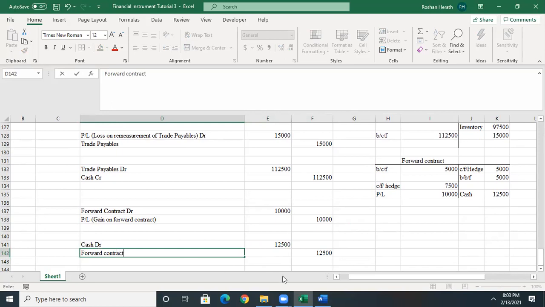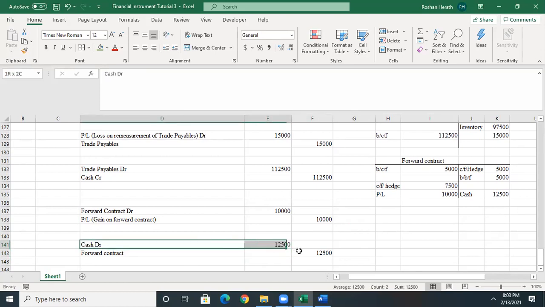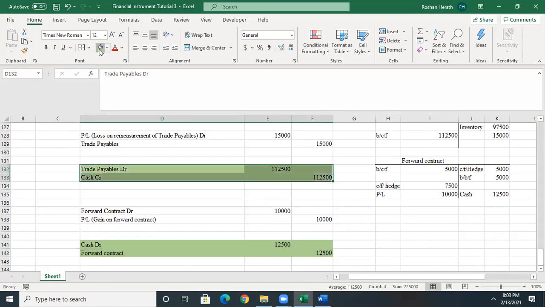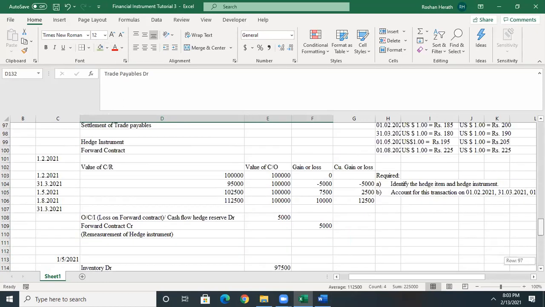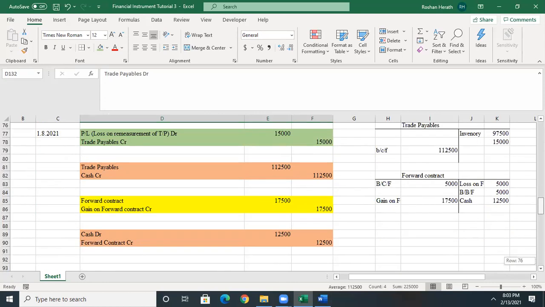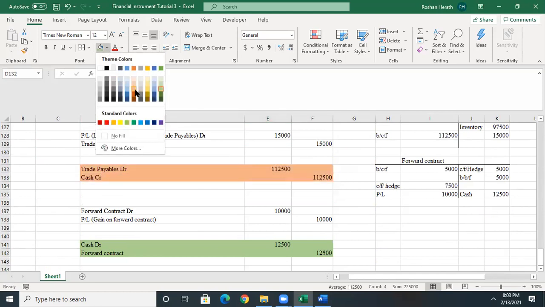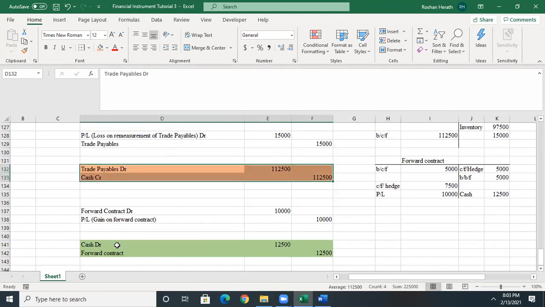You can see that. So the settlement entry is this. That is no different. It is not different from the settlement entry what we had earlier. You can see that the trade payable cash, same thing. We have recognized the same amount, no difference there.